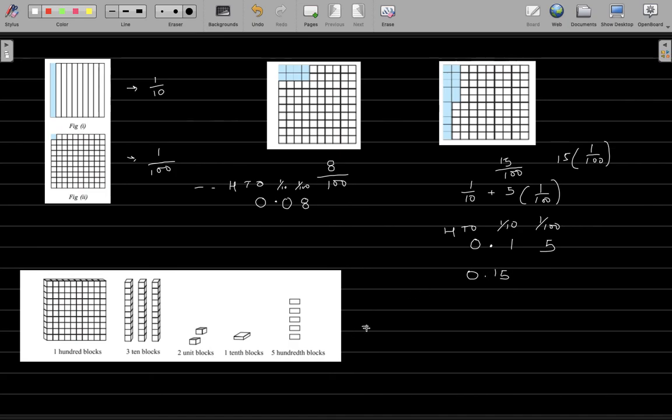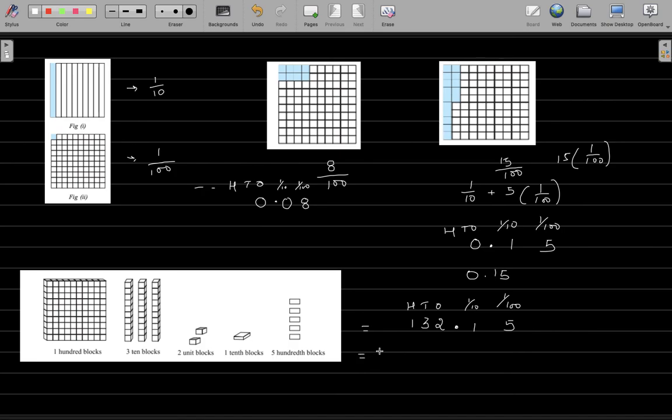Now going on the same lines, how can you represent this? This should be like you have ones, tens, hundreds and all, and after the decimal you have 1/10th and 1/100th. So how can you say what this is? This is 1/100th block you have, 3/10 blocks you have, 2 units block or ones block you have, 1/10th block you have, and 5/100th block you have.